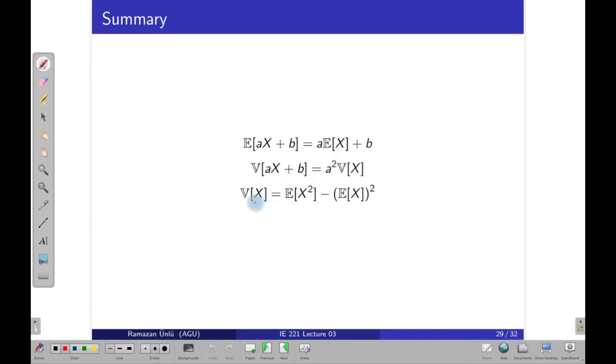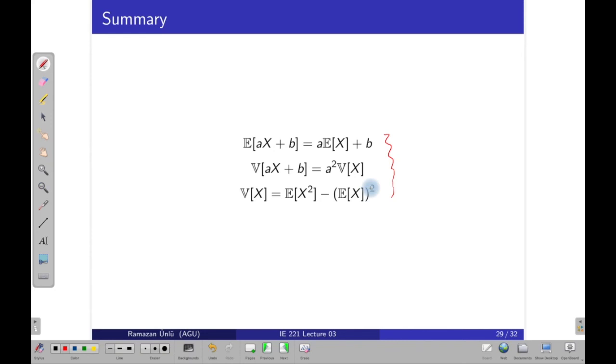And the last one is that the variance of x also can be calculated by expected value of x squared minus expected value of x, squared. Okay, so these are three important formulations we will use through the semester for this class.